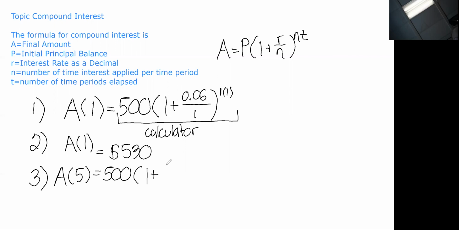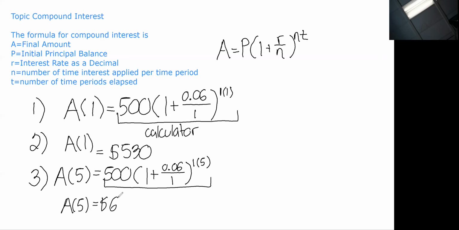The interest rate is 6%, decimal 0.06, divided by the number of times interest is applied per time period, which is only 1, times our number of time periods elapsed, which is 5 years. Now we plug this into our calculator, and we get that A of 5 is $669.11.